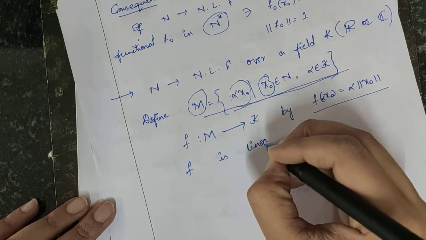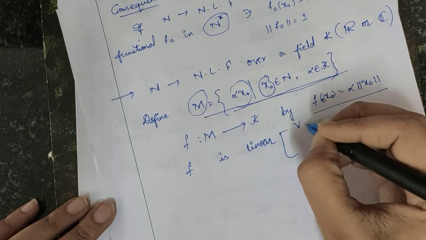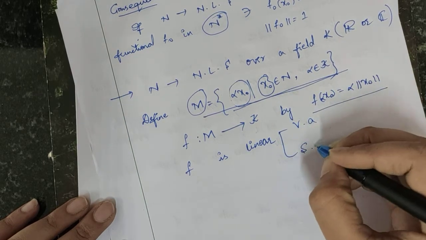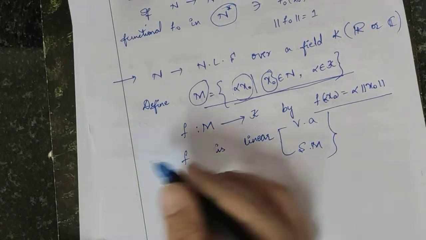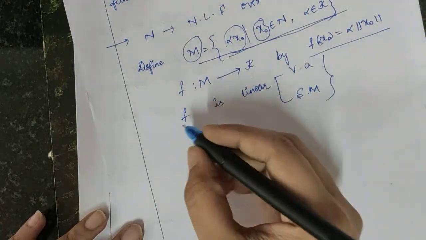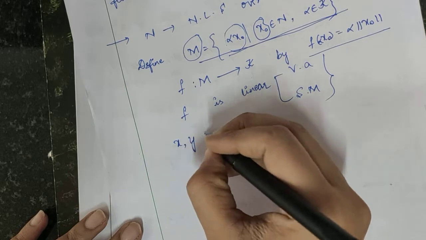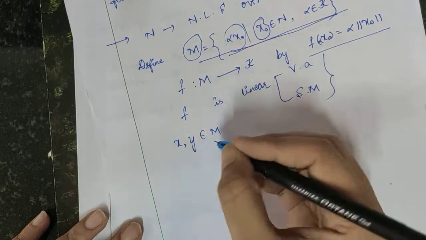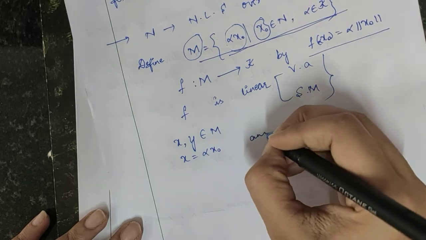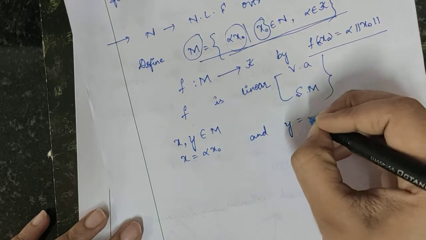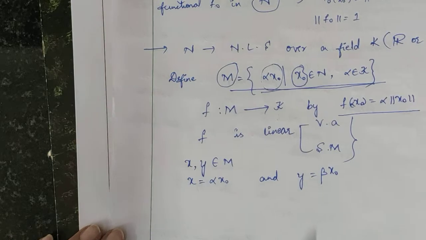That means there are two conditions. One is vector addition, another one is scalar multiplication. Let's prove these two properties now. So first I will consider two vectors in space M, where x is alpha x0 and y is beta x0.